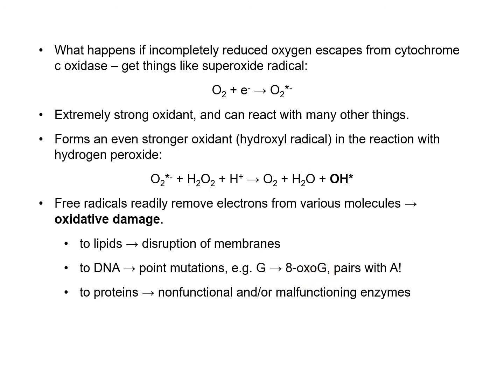In this case, instead of G pairing with C, it will pair with adenine. So it will introduce a point mutation, and that will be inherited by the next generation or the next cell division. There could also be oxidative damage to proteins, in which case these proteins or enzymes are going to be non-functional or malfunctional.